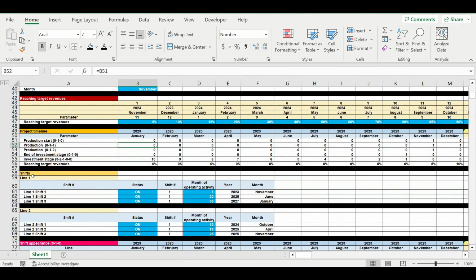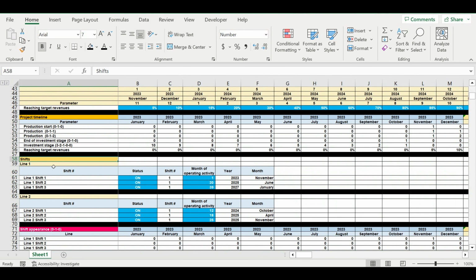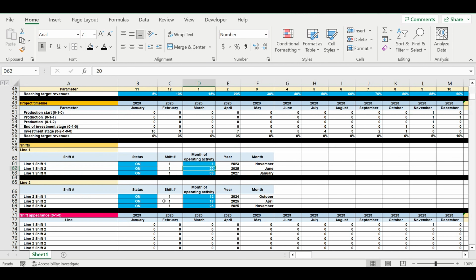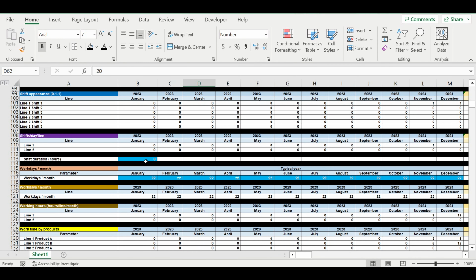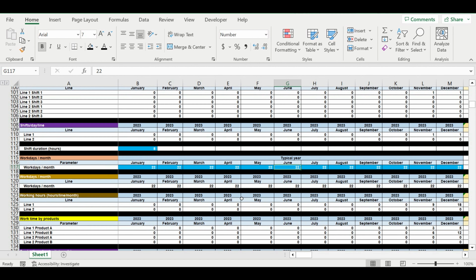Then we were modeling the shifts, so we assumed that for each of the two lines we have 3 shifts. We can switch them on and off and set up when each shift appears. Then we specified how many hours we have in one shift, and then we moved to the block of inputs where we touched the amount of work days inside the typical year.